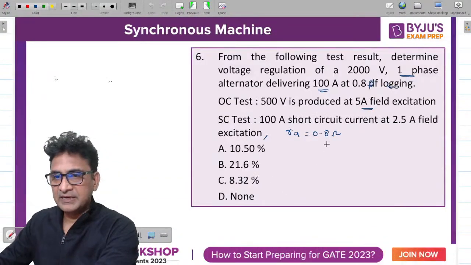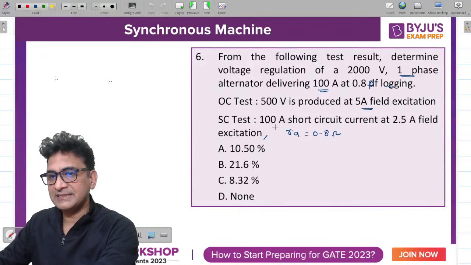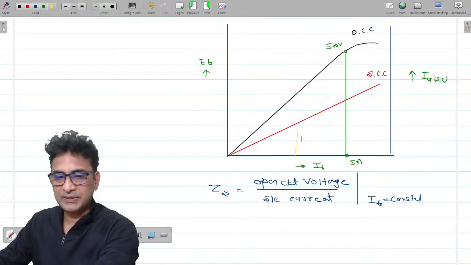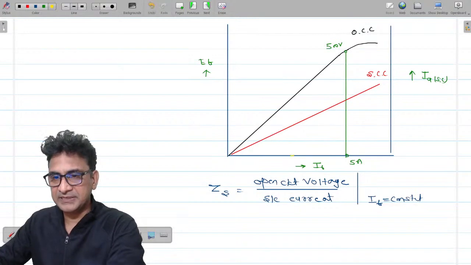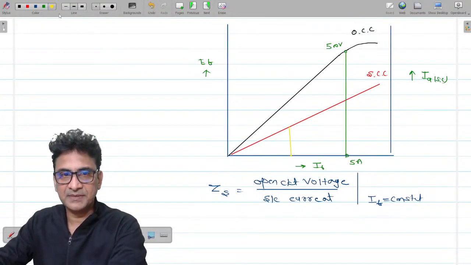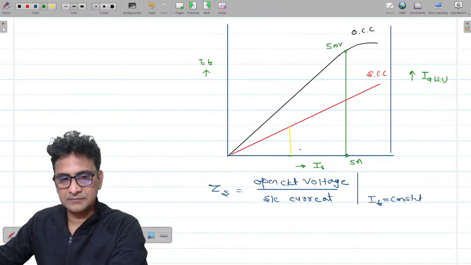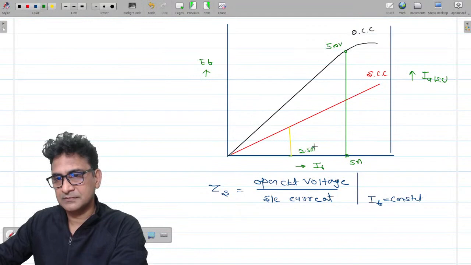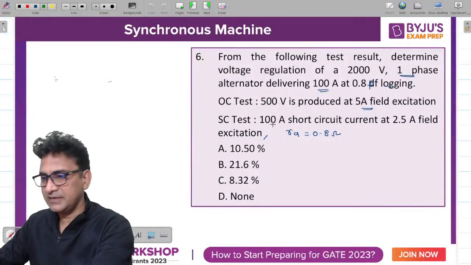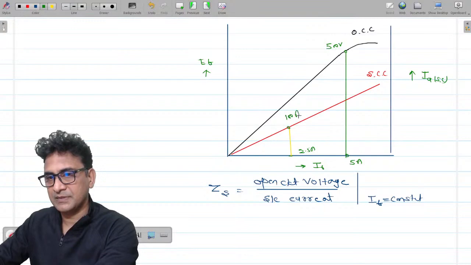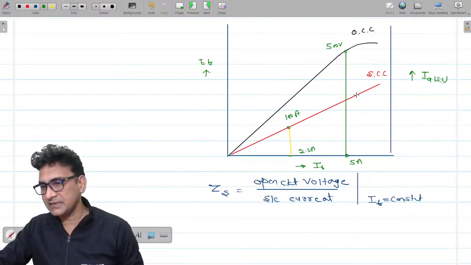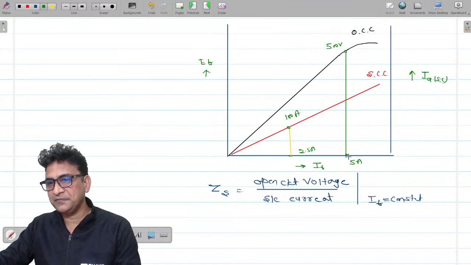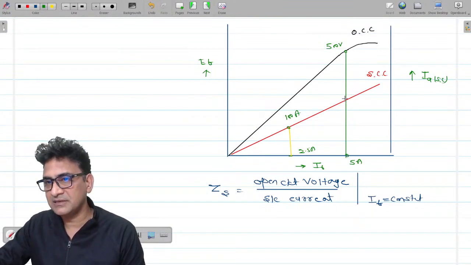But it is given that at a field current of 2.5 ampere, the SCC is 100 ampere. So SCC is not given at 5 ampere, it is given at 2.5 ampere. Is it clear? Since SCC is a linear characteristic, at 5 ampere what would be the IASC?